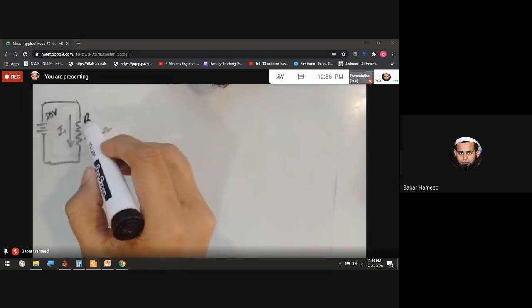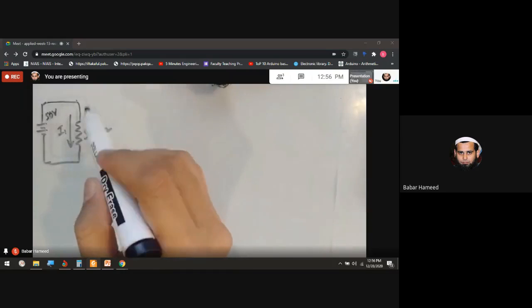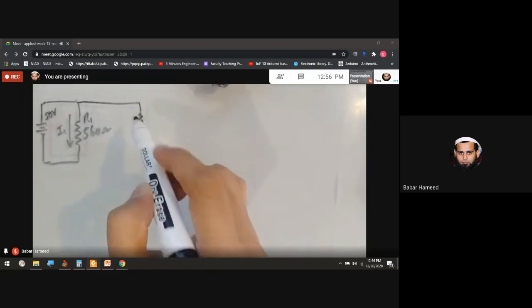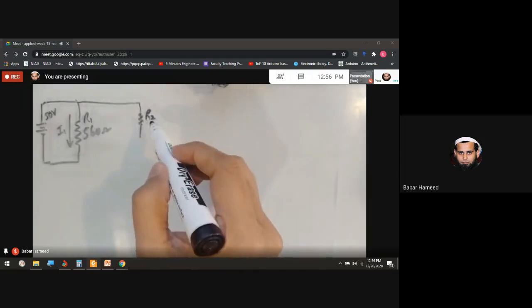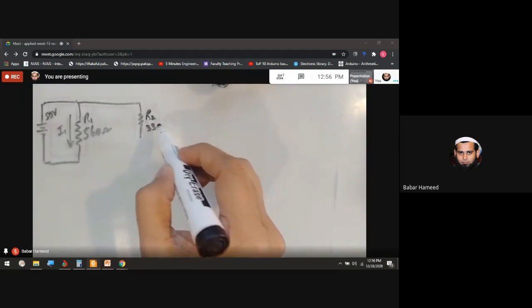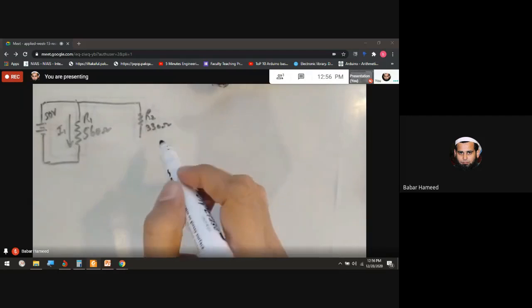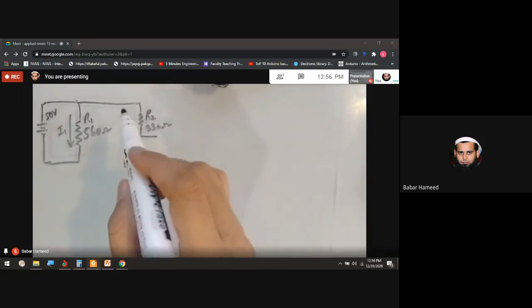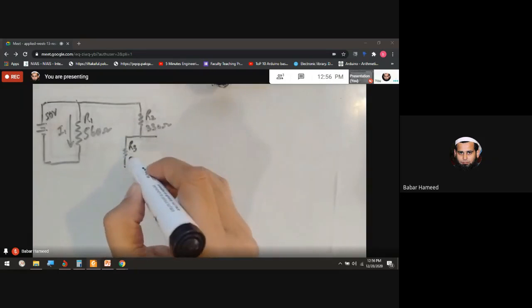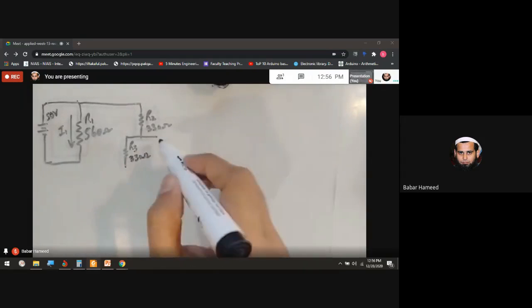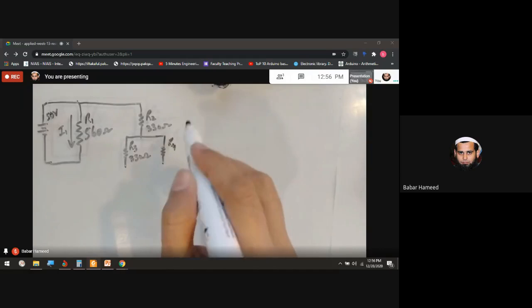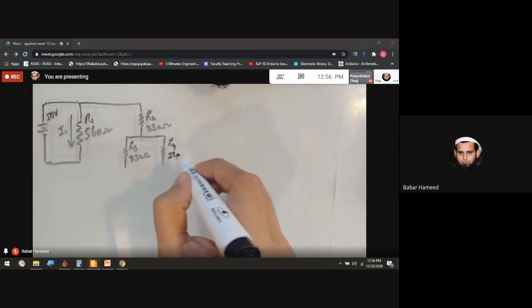R1 is 560 ohm. R2 is 330 ohm, and R3 is again 330 ohm, and R4 is 560 ohm.